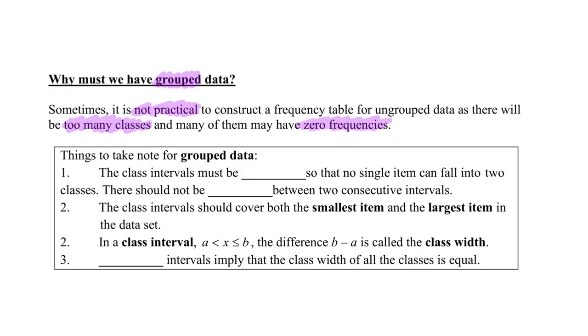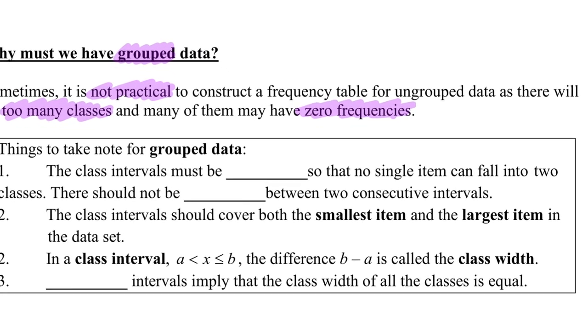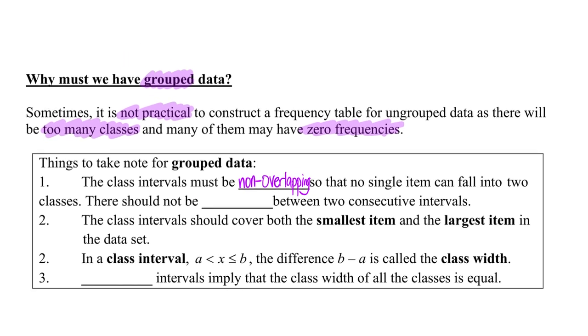So, things to take note for group data. The class interval must be, let me just make it bigger, non-overlapping, so that no single item can fall into two classes.